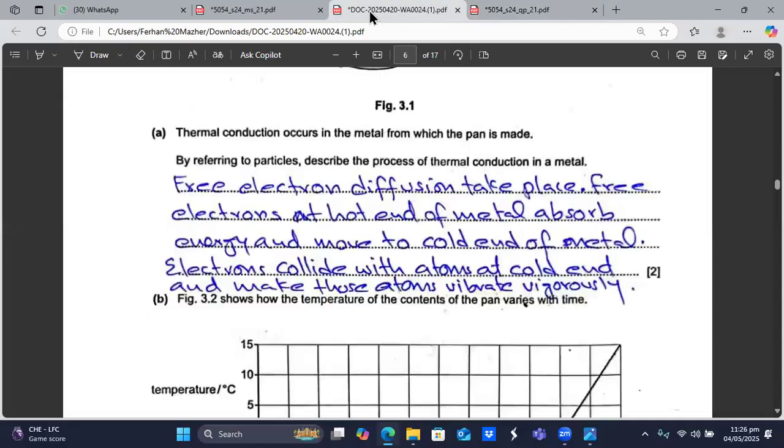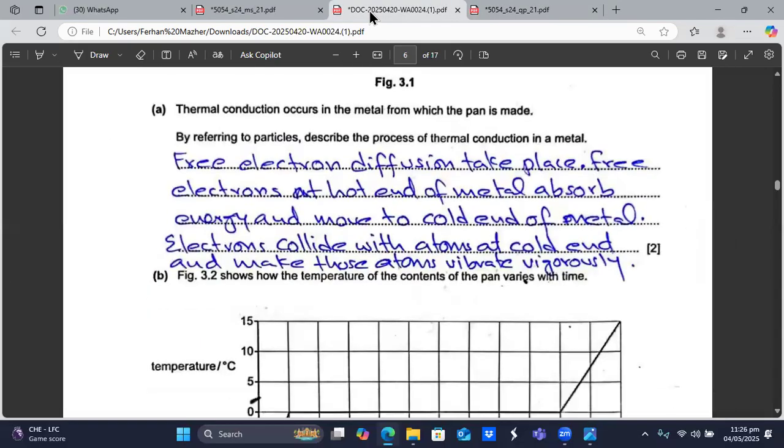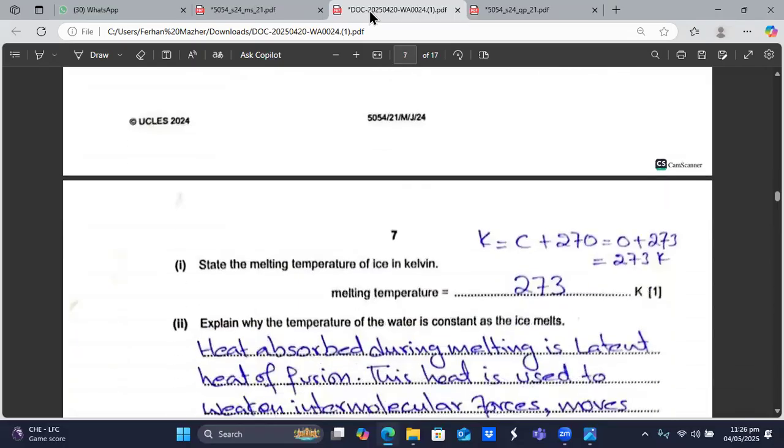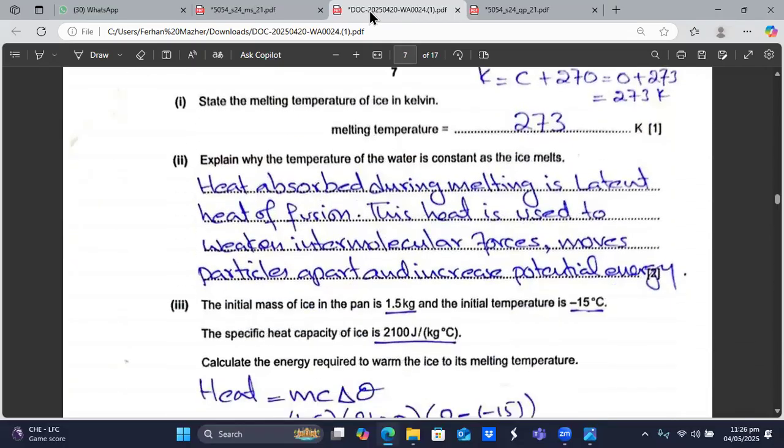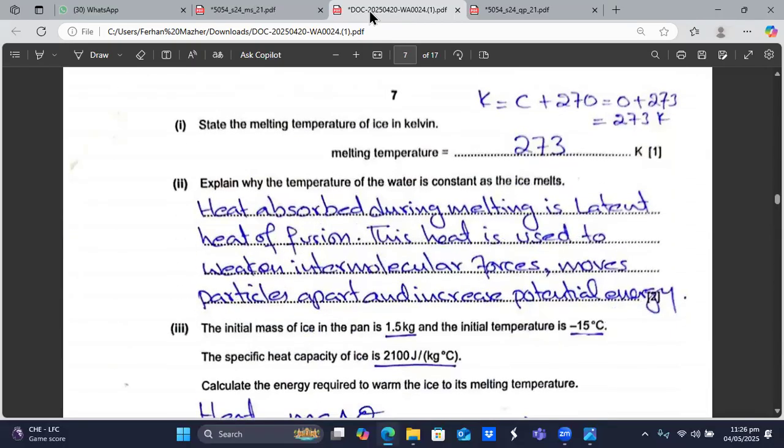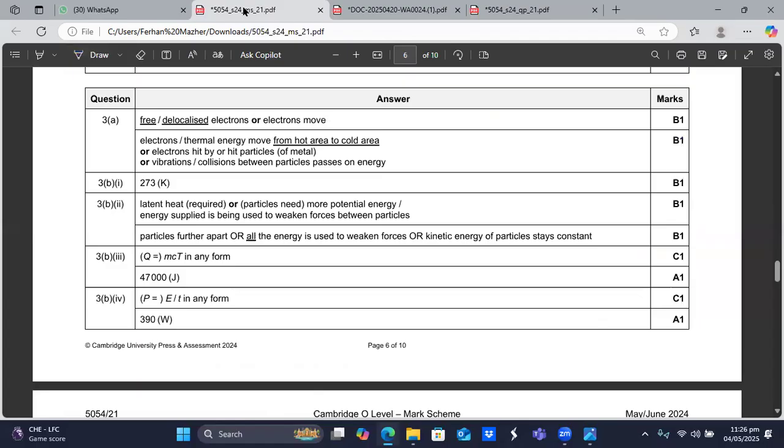So K equals 273 plus C. Sorry, I wrote 270 here; this is not 270, it is supposed to be 273. So that equals 0 plus 273, which is 273 Kelvin.